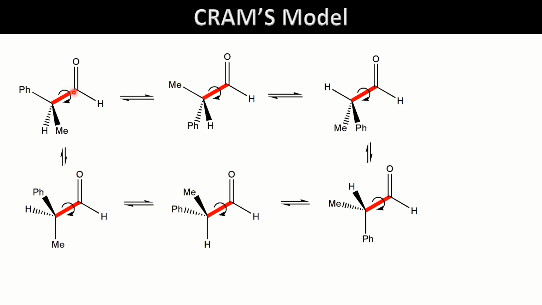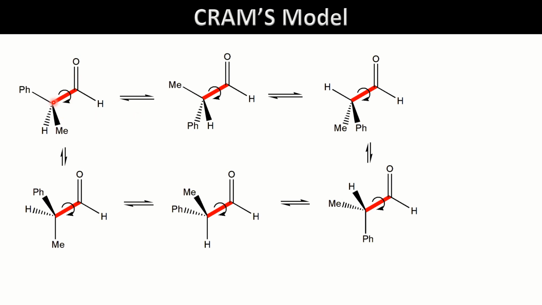Now if I have this example, which I have already taken, this molecule along this carbon-carbon single bond can rotate and gives you infinite number of rotamers or conformers.